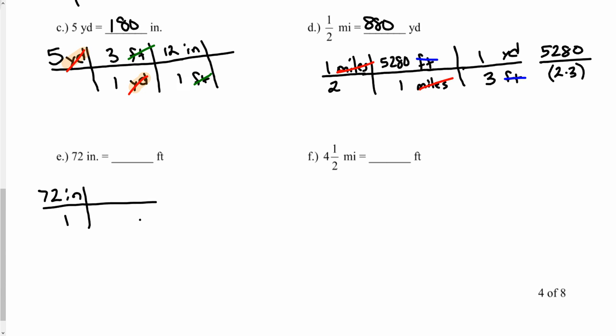Inches is on top, so I'll put inches on bottom and feet on top. Then I know that there's 12 inches and 1 foot. The inches will cancel, and that leaves me with 72 times 1 feet, or in other words, 72 feet divided by 12. 72 divided by 12 is 6 feet. So 72 inches is the same length as 6 feet.